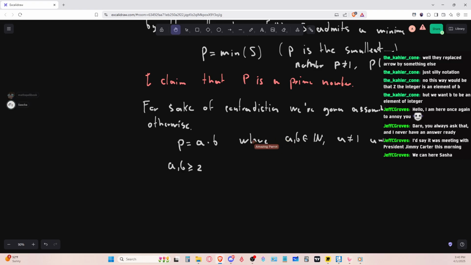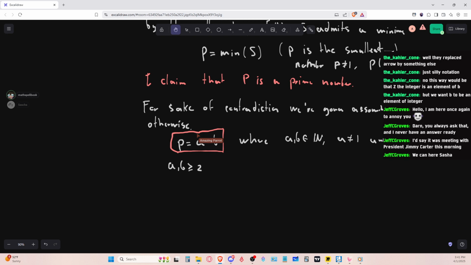Okay, so here maybe I can help you. You would be right if a and b were just some random natural numbers, right? But here we have a hypothesis. We have assumed that p is a product of a and b, so a and b must divide p, right? Oh, because a and b are supposed to be equated to the prime number in question.